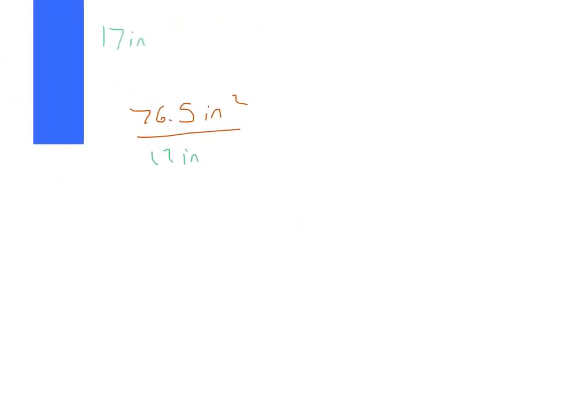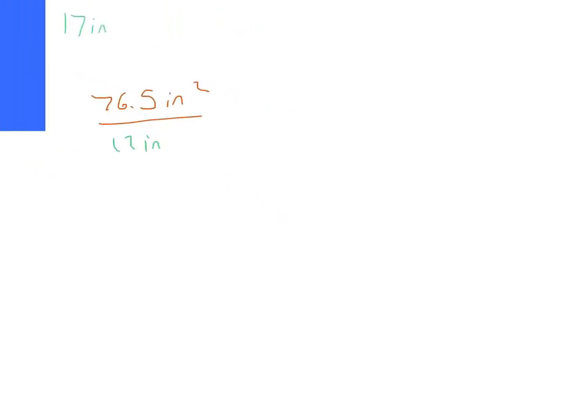Now here's one really cool thing. We said x times x is x squared, so x squared is the same as x times x. So I want you to look at this inches squared. Inches squared is really like saying inches times inches. So I'm going to rewrite this expression as 76.5 inches times inches over 17 inches.